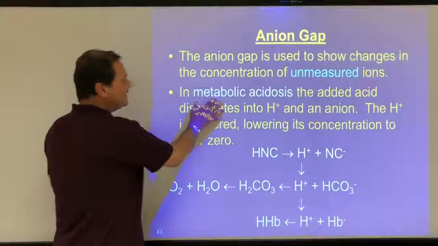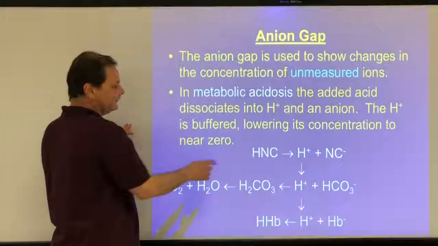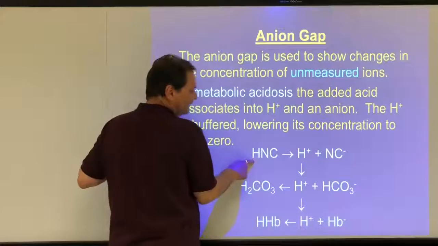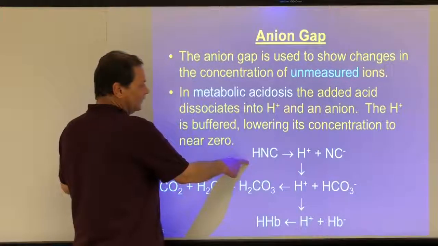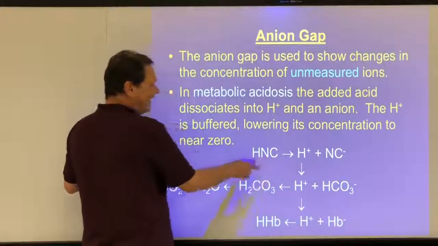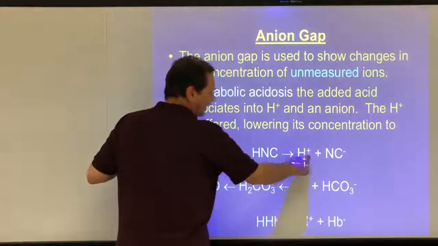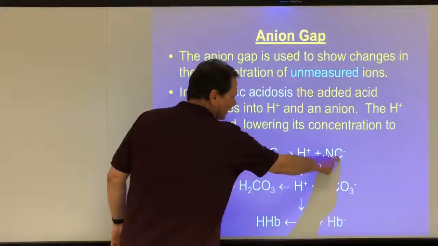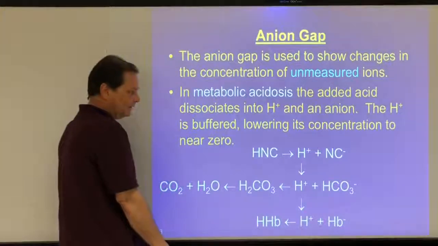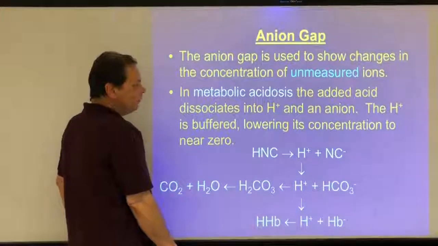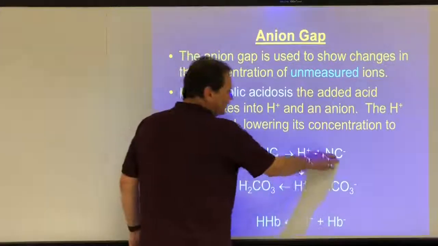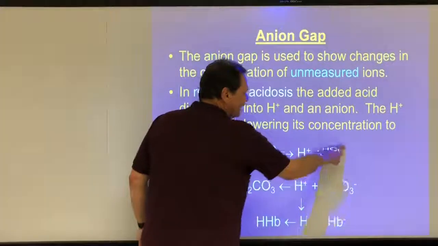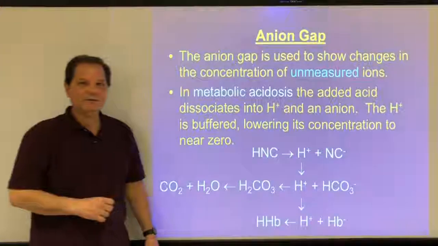Let's say we have a metabolic acidosis. So we're adding a non-carbonic acid to our system. When that happens, our non-carbonic acid dissociates into hydrogen ions and our non-carbonic anion. So we're adding a non-carbonic anion to the system.